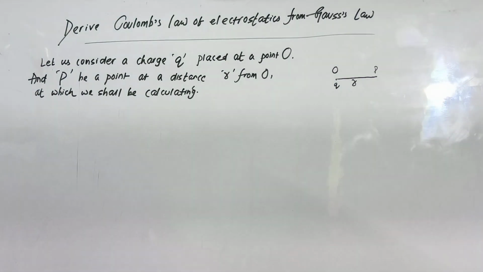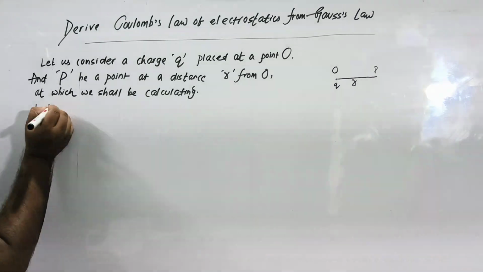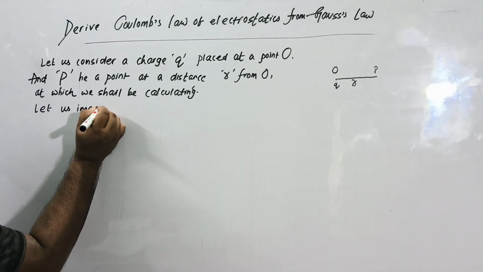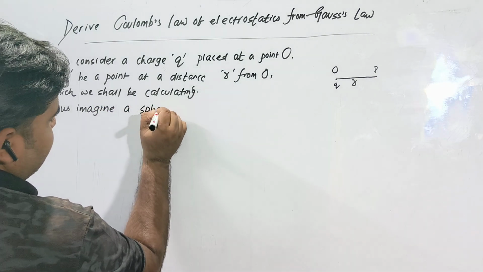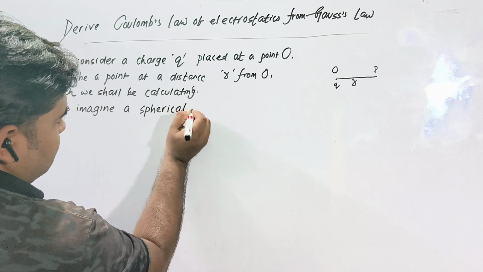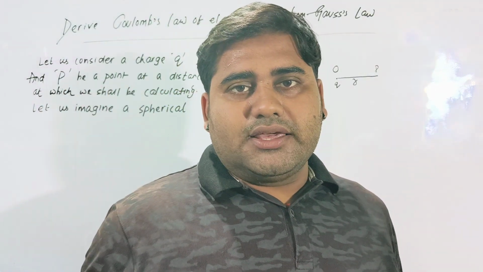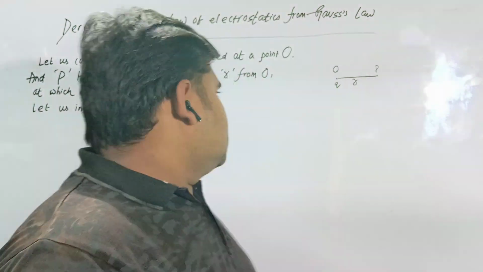Further continuing, let us imagine a spherical Gaussian surface. A Gaussian surface can be anything, can be any random shape, but it should be closed.